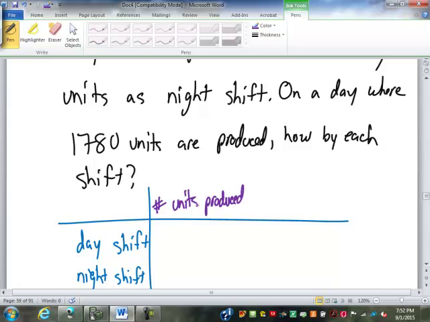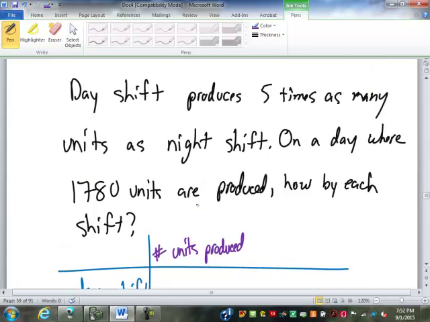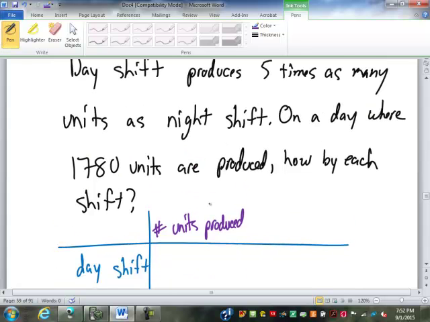We have to find some way to represent the number of units from day shift and night shift using the same variable. So we have to look in our problem and see if one of those amounts is based off of the other or referenced off of the other. And it is. Day shift produces 5 times as many as night shift.